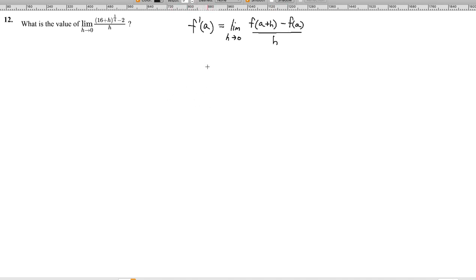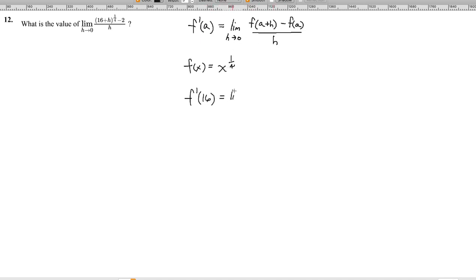So basically what's happening in this case is that you have some function, let's say f of x, and I make my function x to the 1/4. If I wanted to find f prime of 16 and I wanted to use this definition, what would I get?